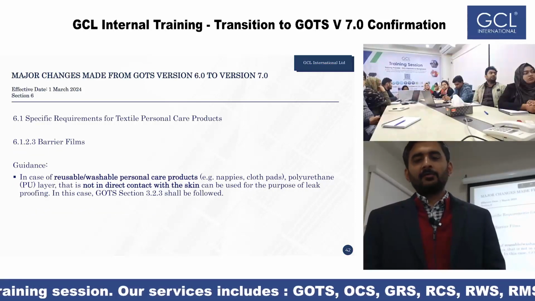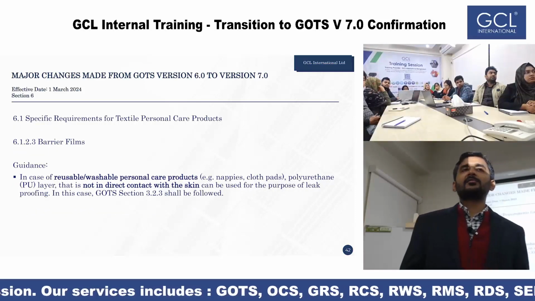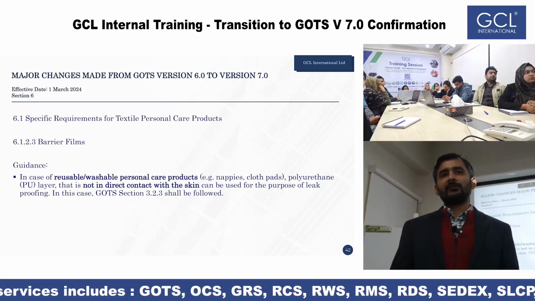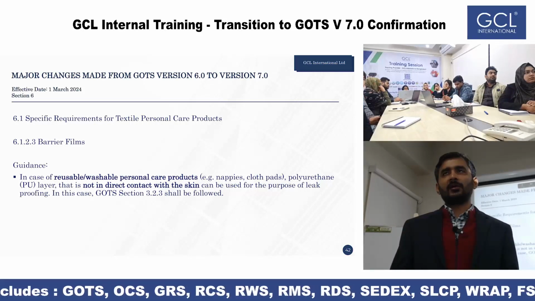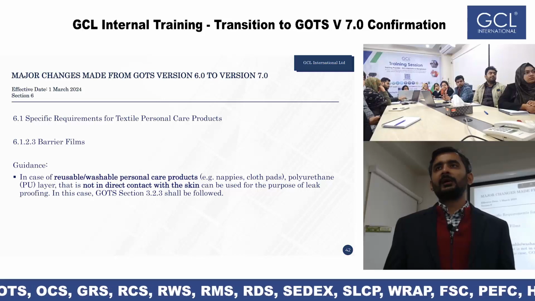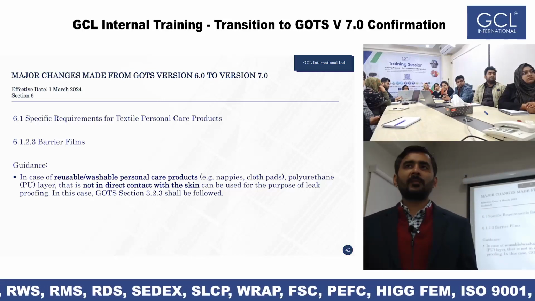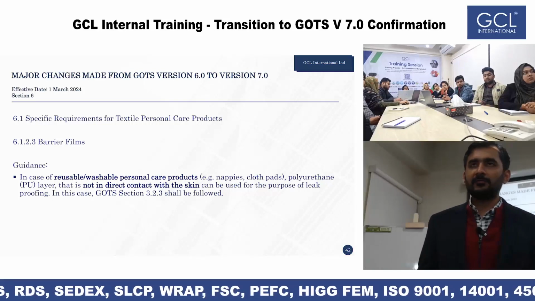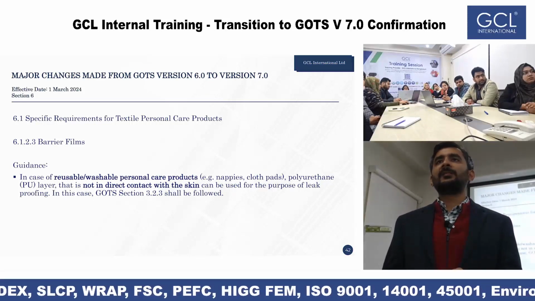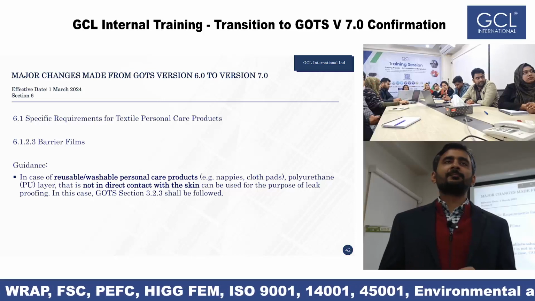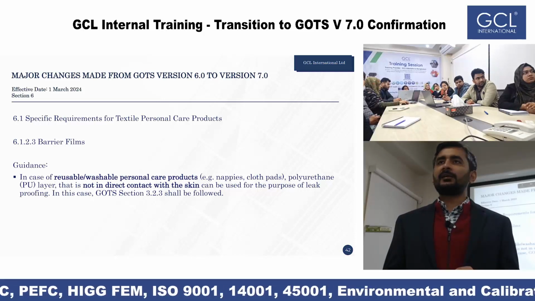Okay. So there is some additional instruction that is added, although we do not have any GOTS certified entity for personal care products. Just to know that there is some additional requirement GOTS has added for personal care products. One is that if any barrier or film is used in any product where it is required.